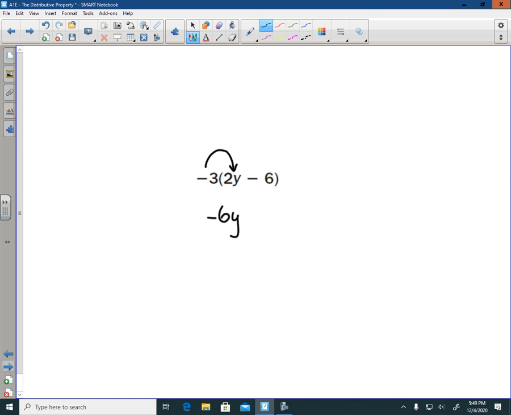Then we're going to take negative 3 and multiply it by negative 6. What's a negative times a negative? It's always positive. And what's 3 times 6? 18. And there you go. That's as simple as it gets. Once you have no way to combine like terms anymore, and you've gotten rid of your parentheses, that's as simplified as your expression can be. The bottom line is, distribute the number outside into those parentheses, but pay close attention to the negatives.